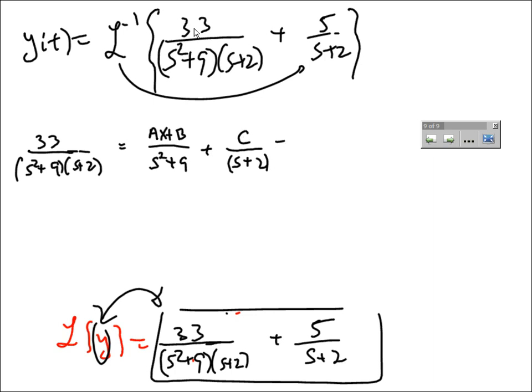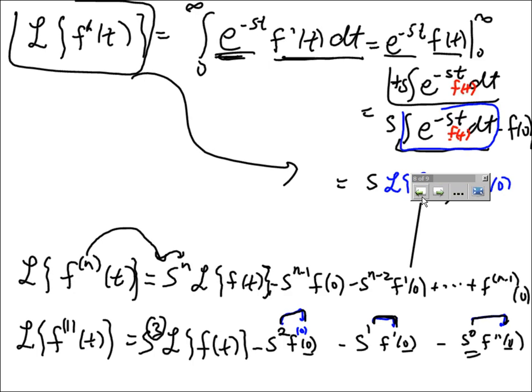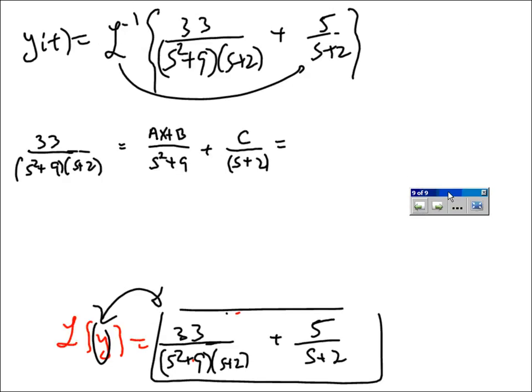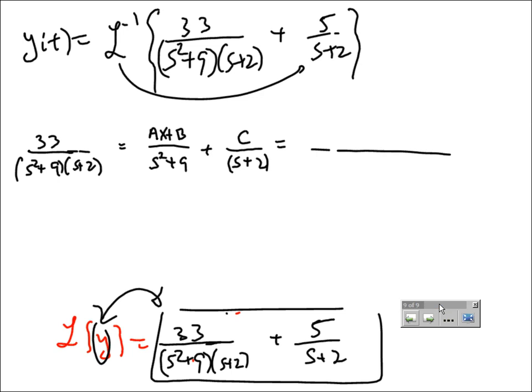And then I want to write these two fractions with the same denominator, namely, (s squared plus 9) times (s plus 2).